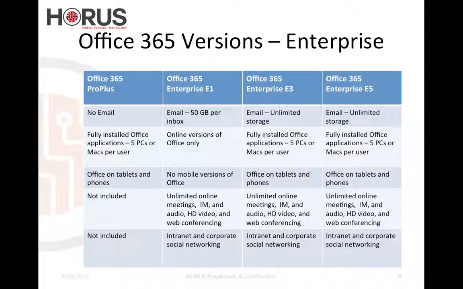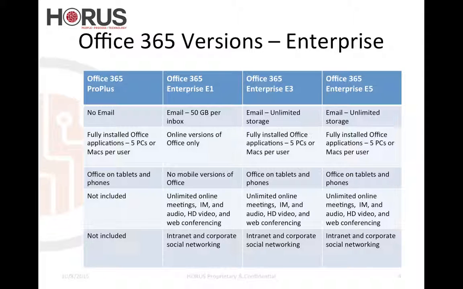But most organizations, in my humble opinion, at 100 users or around that, are not looking for Office 365 Pro Plus. I wouldn't think that you don't want any intranet capability or any messaging capability. And also, no organization hovering at that 100 user level would be looking for Enterprise E1 because you don't get locally installed Office applications. What you're looking for is probably either Enterprise E3 or Enterprise E5.